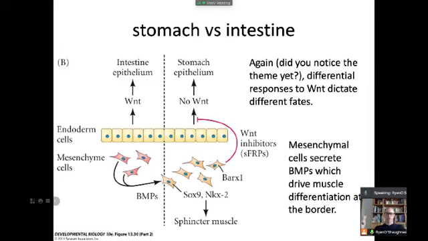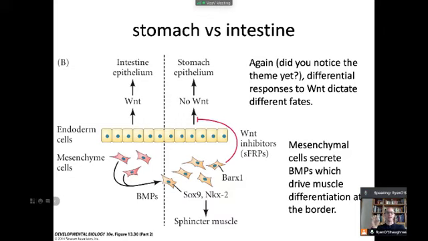There's also BMPs, which then define the specific muscle differentiation at the border of these endodermal tissues. So it's a combination of specification of mesenchymal tissues by BMP.